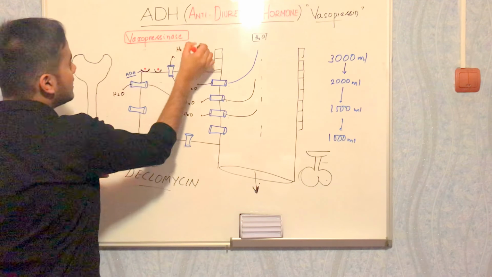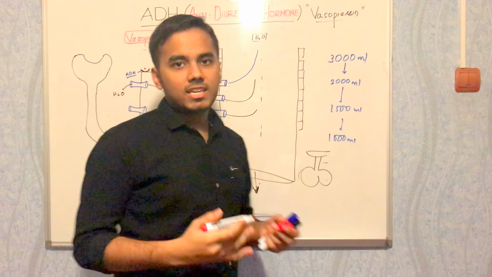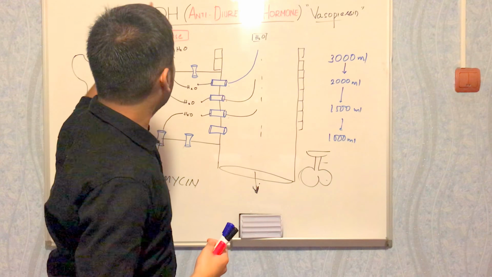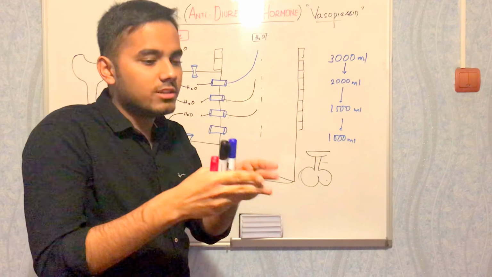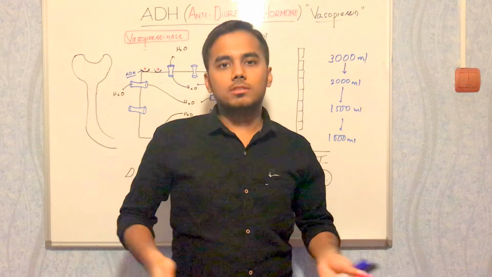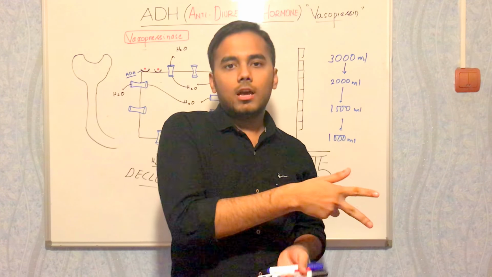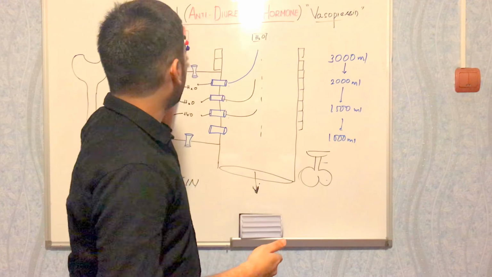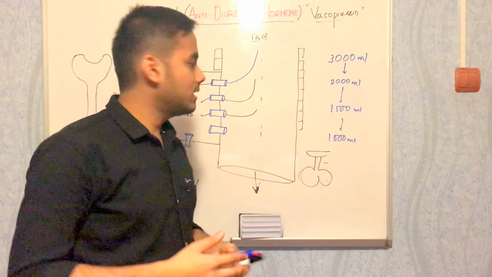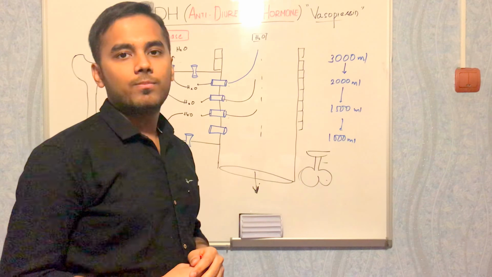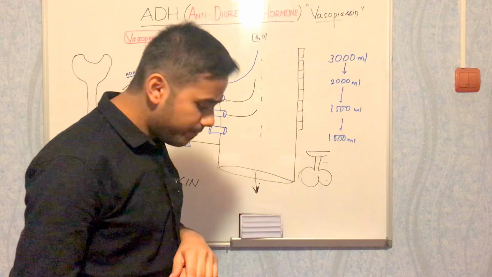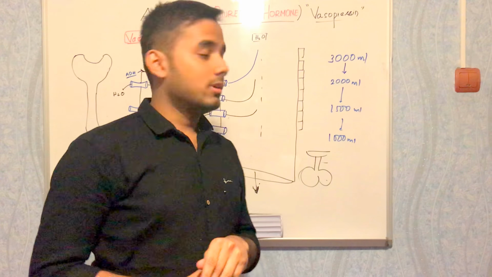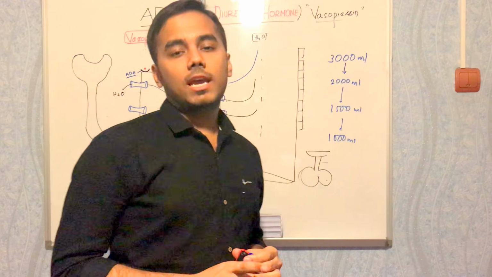Vasopressinase is an enzyme released by the mother during gestation. This vasopressinase cuts down the chains of anti-diuretic hormone and inactivates it. When the chemical bonds are cut, ADH is no longer active, so it cannot function. So these are the etiology, exactly how ADH levels can be decreased.